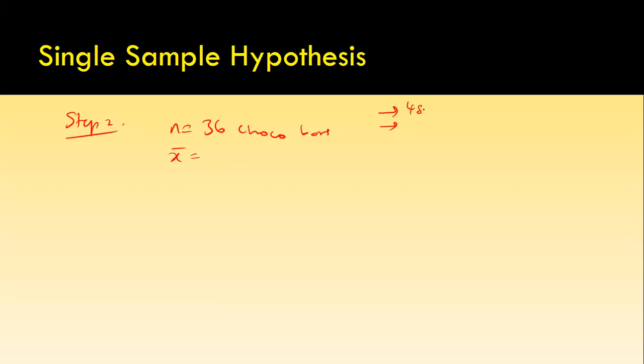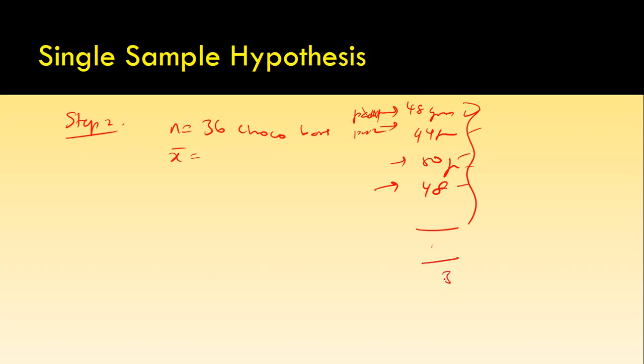It comes around like 48 gram in pack one, and then pack two is 44 gram, and pack three 50 gram, and somewhere you have 48 gram. Likewise, 36 packets, right? You unpack it and weigh it, and you add all the values divided by 36.